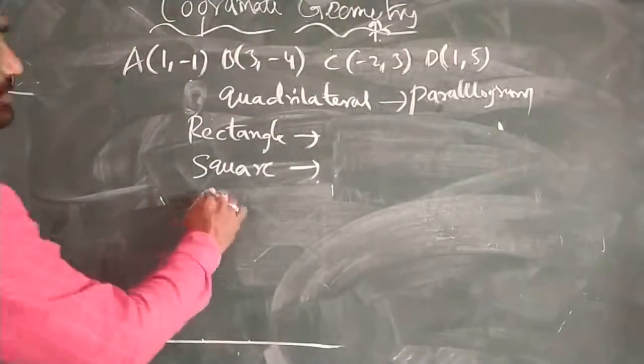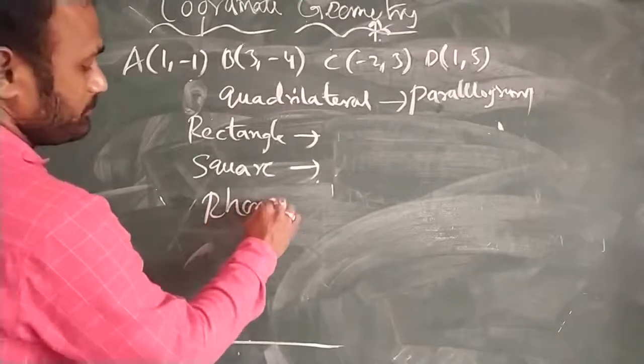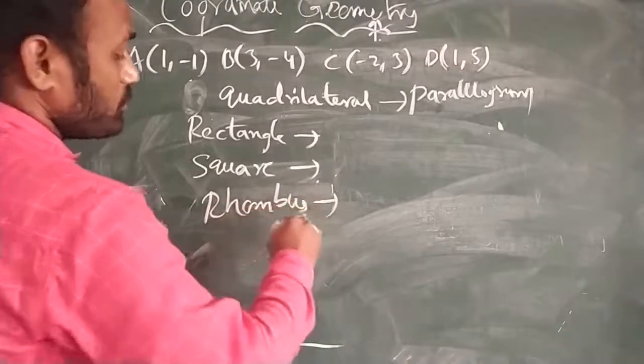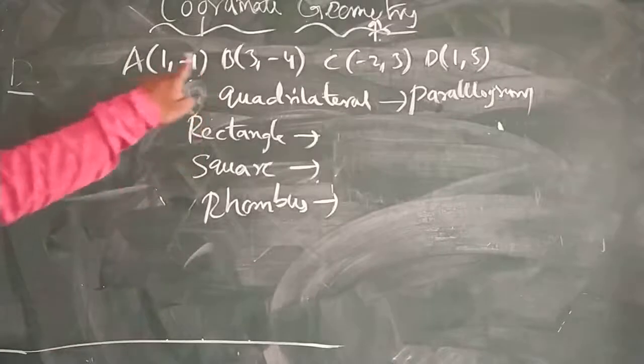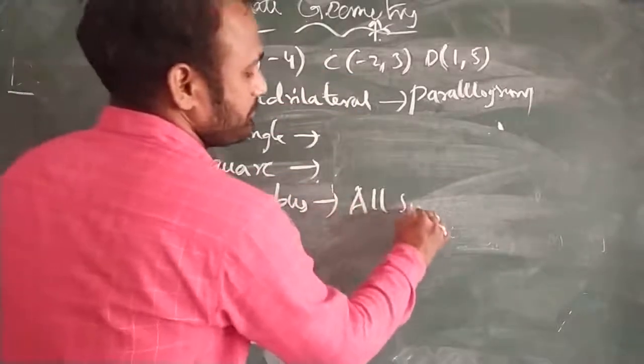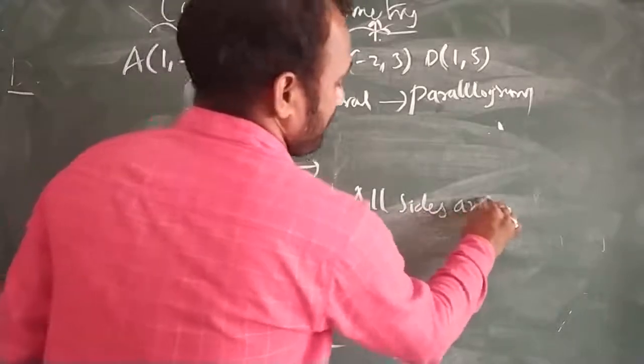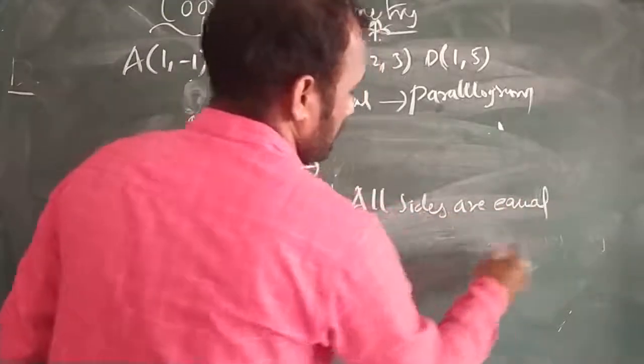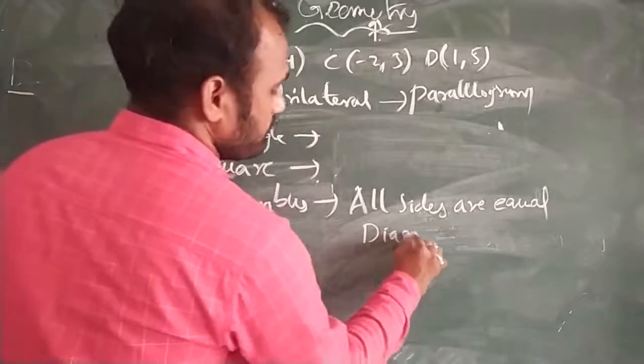Next, rhombus. So when 4 points are given and you have to call the quadrilateral a rhombus, all sides are equal, diagonals not equal.